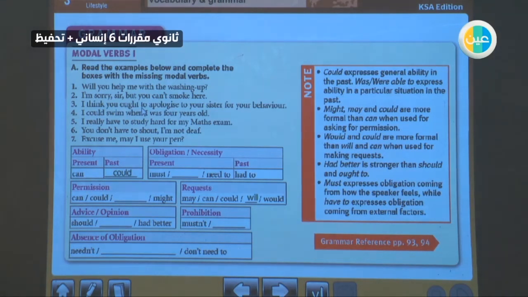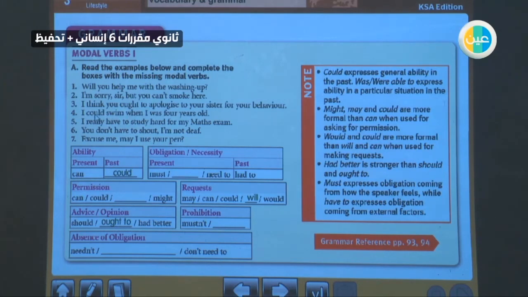When I say to someone, okay, I think you are mistaken, you ought to say sorry. Yes, it is advice. It is advice or opinion. This is my opinion. You ought to say sorry. So should, ought to, had better, advice. When you want to give advice or express your opinion, you can use ought to.